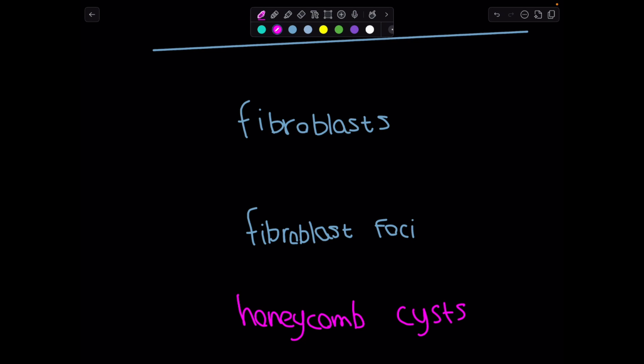Wait, in fibrotic interstitial lung disease, aren't these fibroblasts activated permanently and then lay down streaks of irreversible collagen?